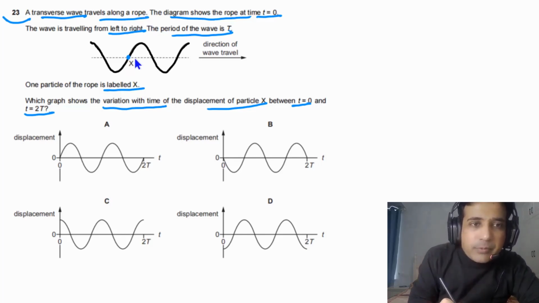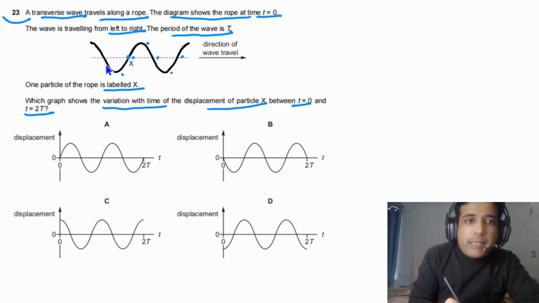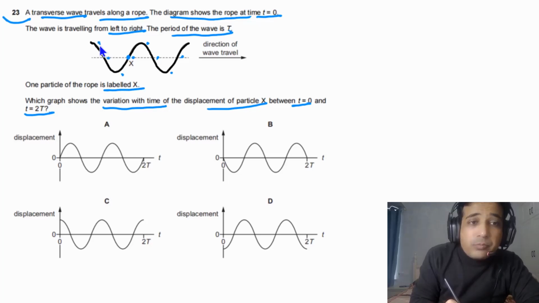For that purpose, simply you can take the points. This point will go forward, this part of the wave will come here, this part of the wave will come a bit forward, this part of the wave will come forward. So simply we can draw the wave. This will move forward and so on, and this one will move forward, and this one also, the peak will move forward.